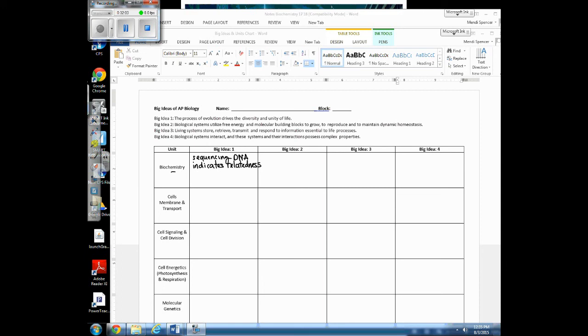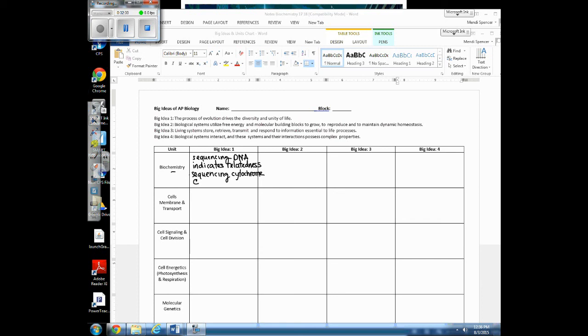A second idea I'm going to put in there is sequencing cytochrome C. And again, I'm putting this in here because this is easy for me to remember and because I can further explain it.